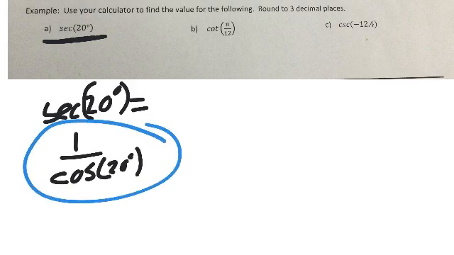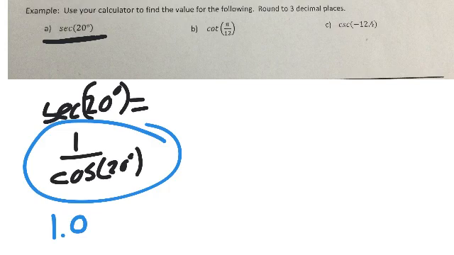Now you put this in your calculator. 1 over cosine of 20 degrees. And when you do that, you get 1.04.